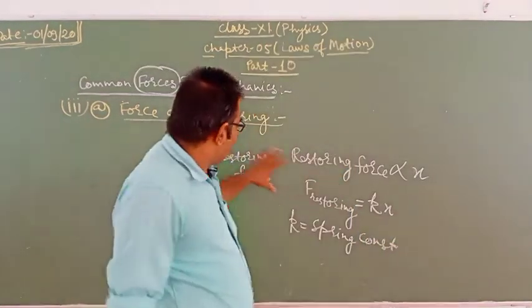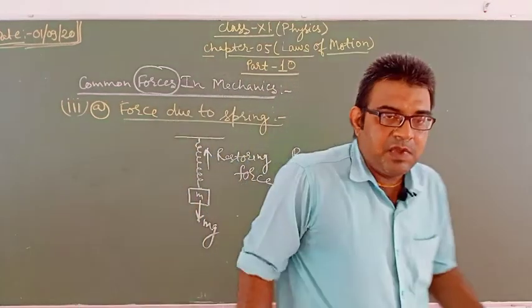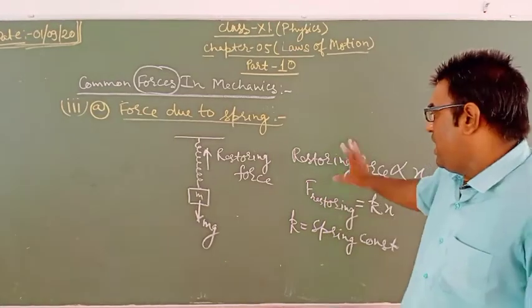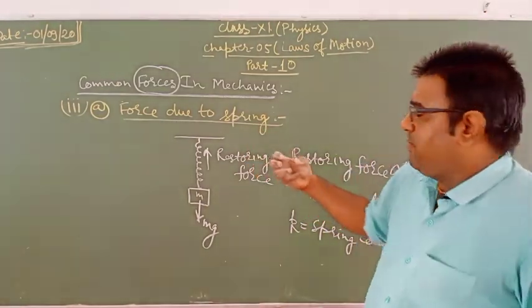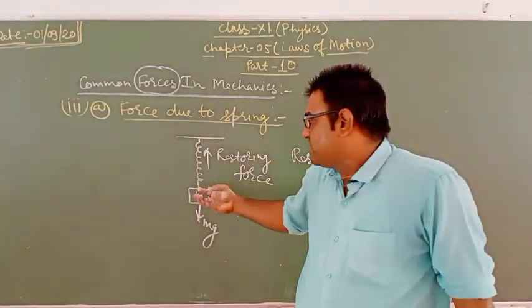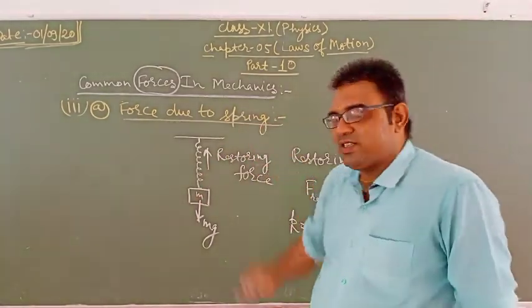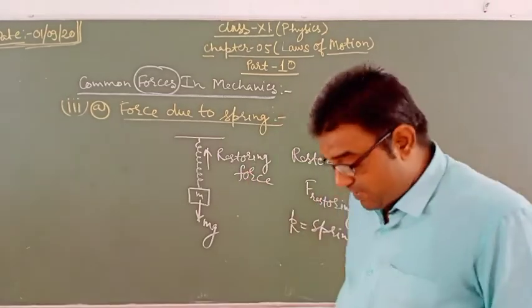Dear students, we will discuss all these phenomena in detail in the next chapter, that is work, energy, power, and in that we will discuss all types of energies, potential energy, kinetic energy, total energy in stretching the spring. We will derive there also.